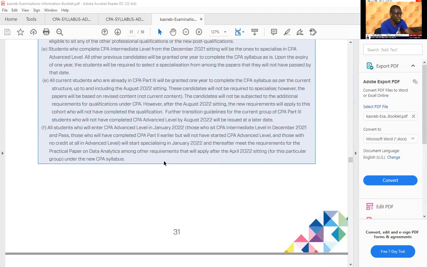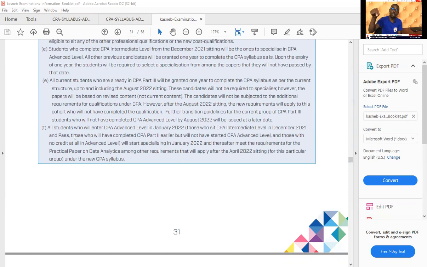Then another area, though it is a repetition, where we are saying that all students who will enter CPA advanced level in January 2022, regardless of when you did your papers, say you did your paper in May, and in August, and in December, and you had cleared your section 4, say, in May.